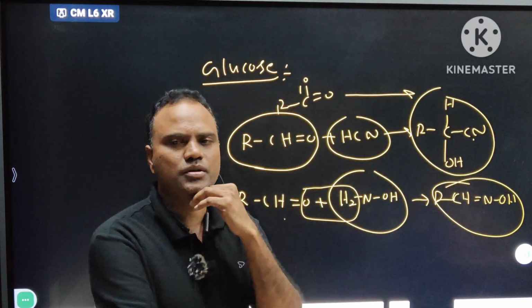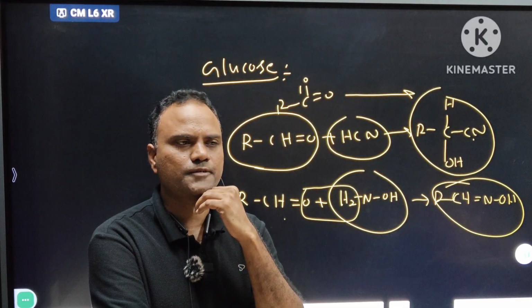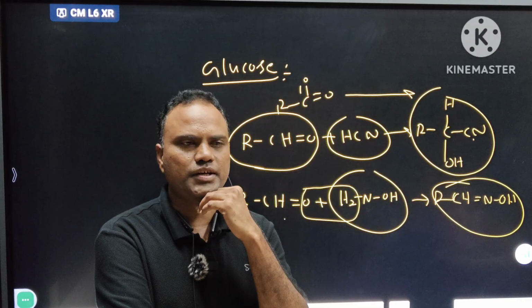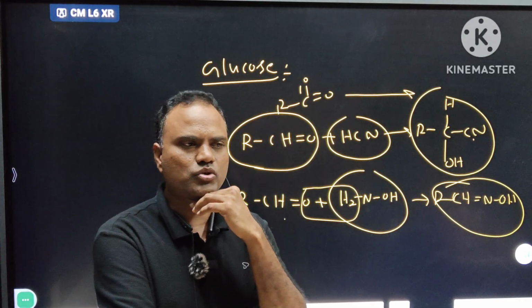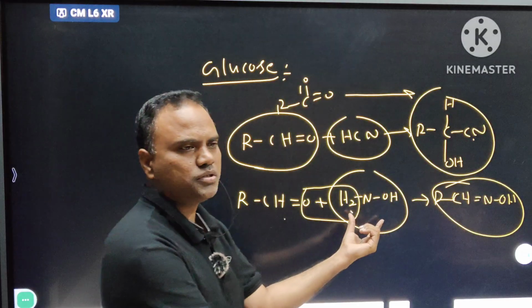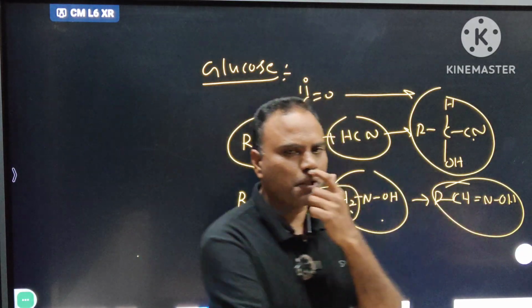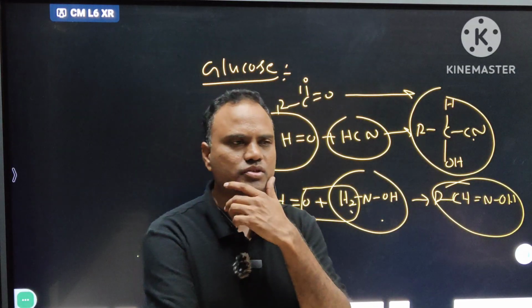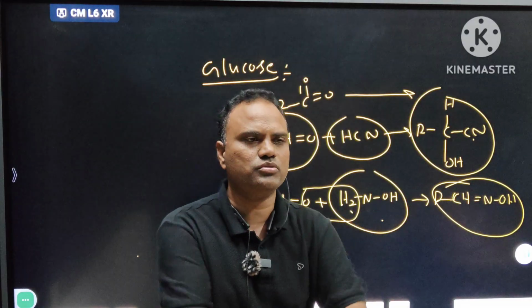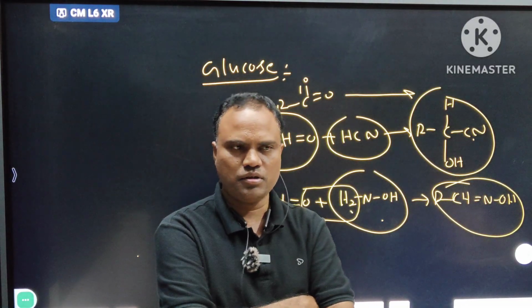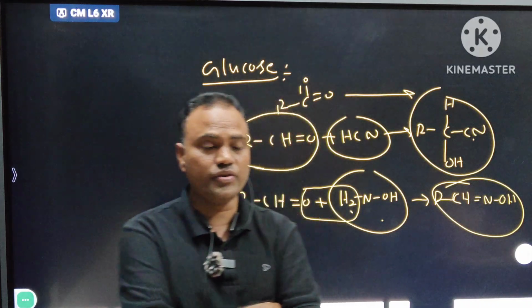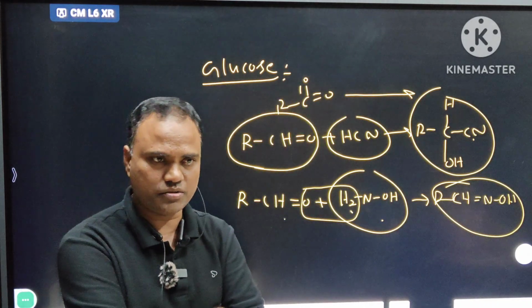HCN or hydroxylamine. Glucose treated with HCN produces cyanohydrin. Glucose treated with hydroxylamine produces oxime. The above two reactions confirm the presence of aldehyde or ketone in the glucose. Clear? Now let us confirm which functional group, aldehyde or ketone.